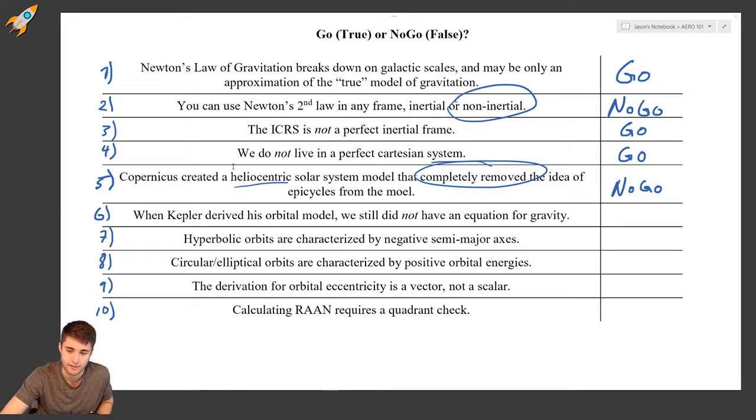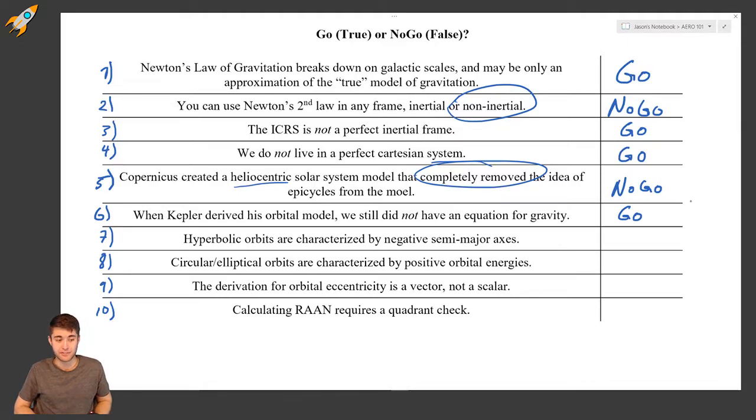When Kepler derived his orbital model, we still did not have an equation for gravity. That is a go. As I just said, Kepler was able to derive his orbit model without the equation of gravity.